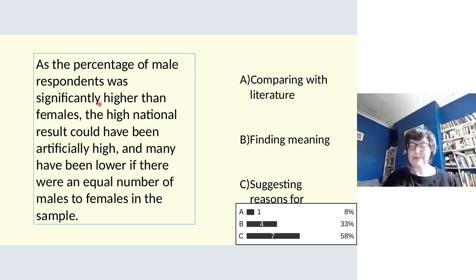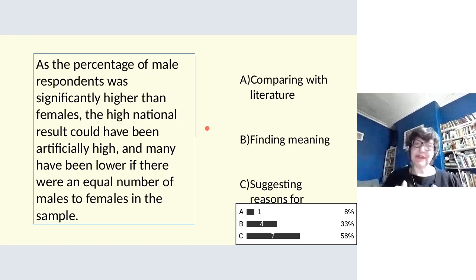And what we've got here is a clear "this is why the results could have been like this." So obviously the results show that males responded more highly than females. And that might have skewed the results, that more men answered than women. And possibly, if it was more even, the results could have been different.